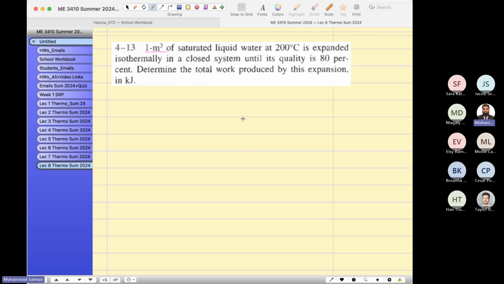1 meter cubed of saturated liquid water. So the water is saturated.